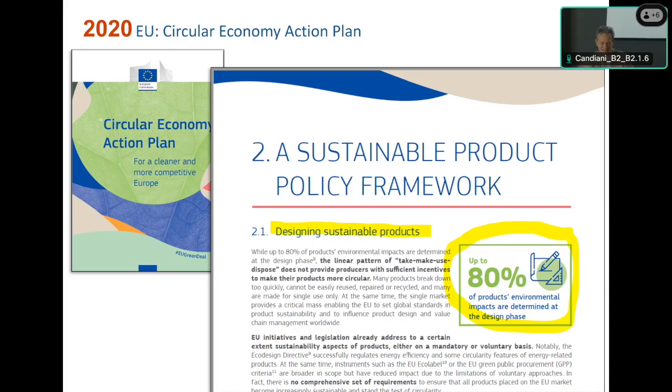So no one can say anything about design or about you. Your role is recognized, okay? Full stop. And there is another quite important thing, close to the number that I mentioned before: it's at the design phase that we can reduce up to 80% of the environmental impact of a product. In this case, we are speaking about products, okay?